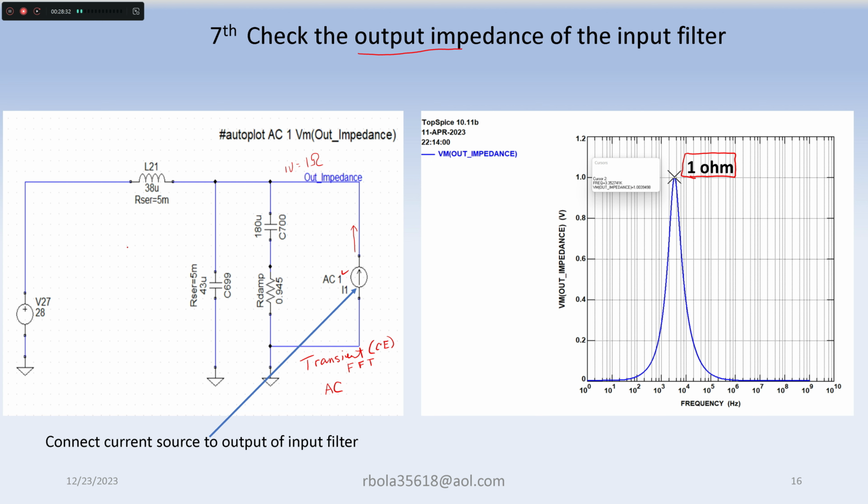So if you take a look at this, typically this would look like a short at DC or low frequency, but this is a high impedance. This is a high impedance as well.